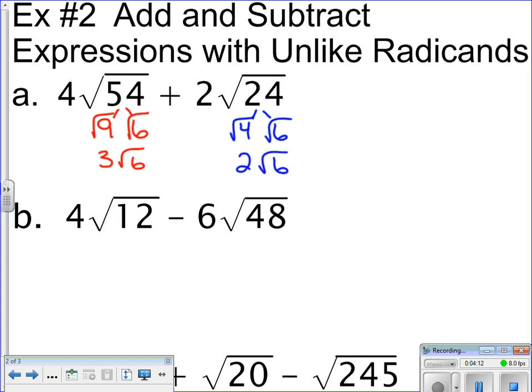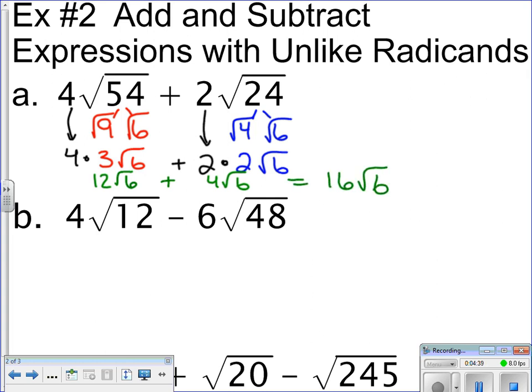Now in the front of this one, there was a 2. In the front of this one, there was a 4. So I'm going to multiply them together. 3 times 4 is 12. 2 times 2 is 4. Now they both say square root of 6. So I'm going to combine the 12 with the 4, and my final answer is 16 square root of 6.